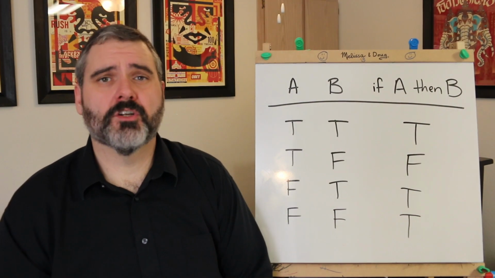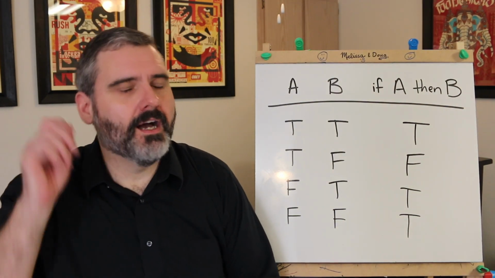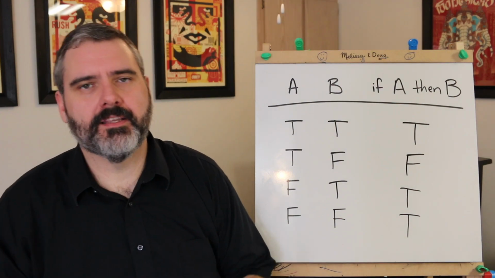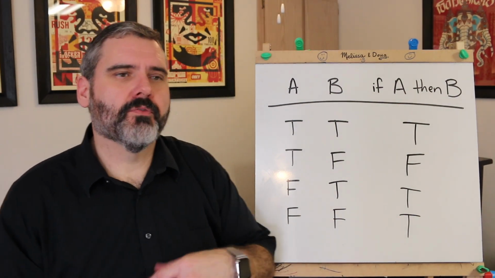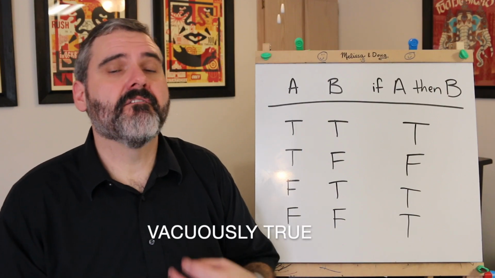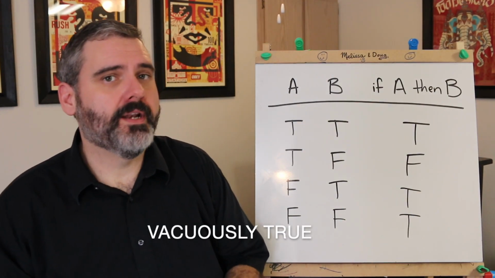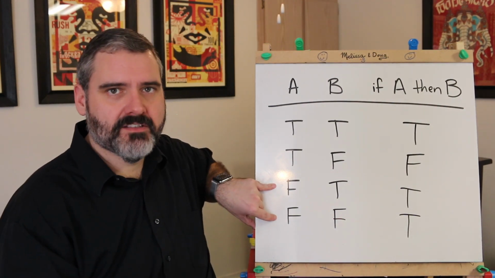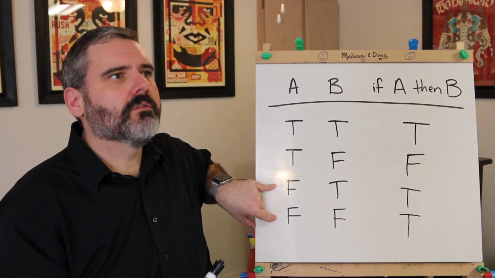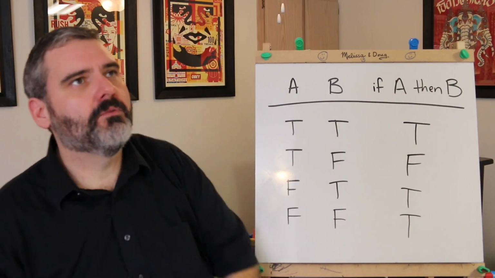Now there's a couple weird terms that kind of go along with this, but whether or not you'll actually need them is sort of here or there. But we can say that something is vacuously true whenever the antecedent is false. So in both those last examples, they were vacuously true.